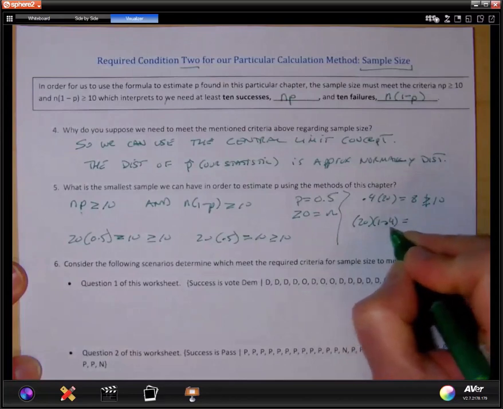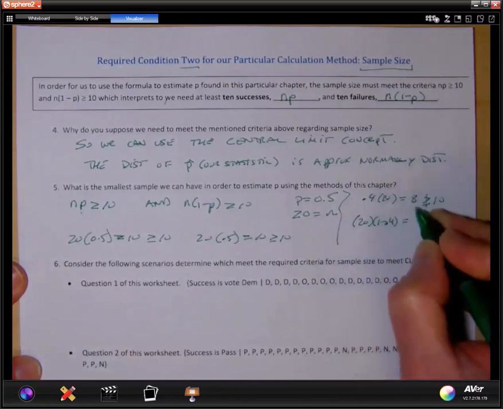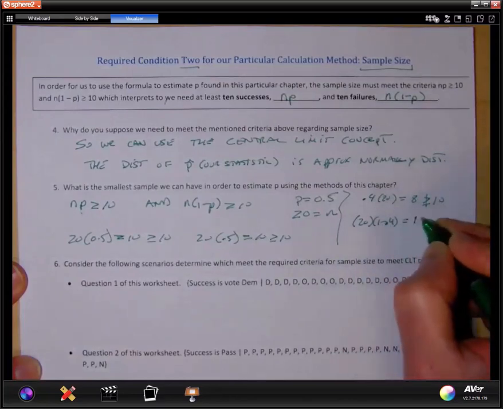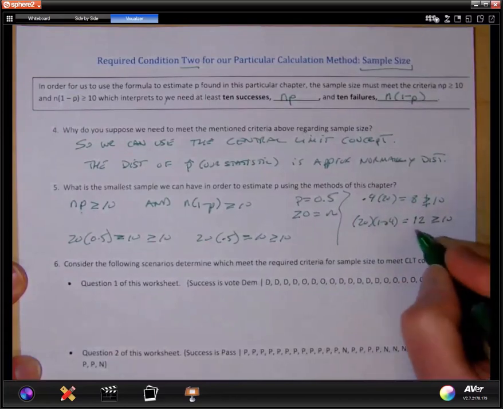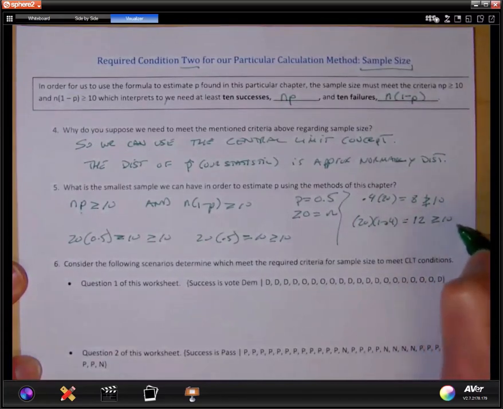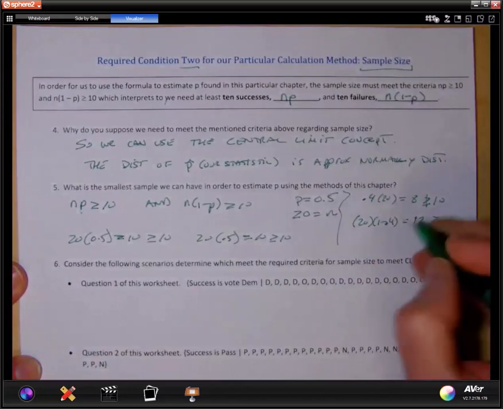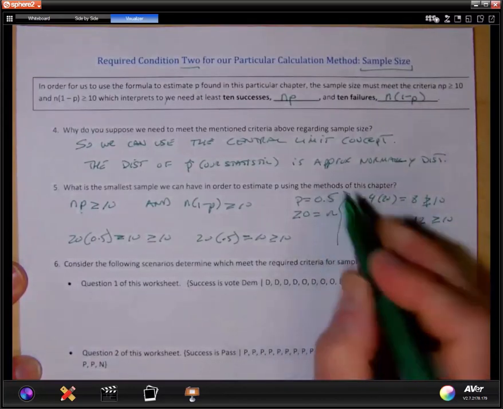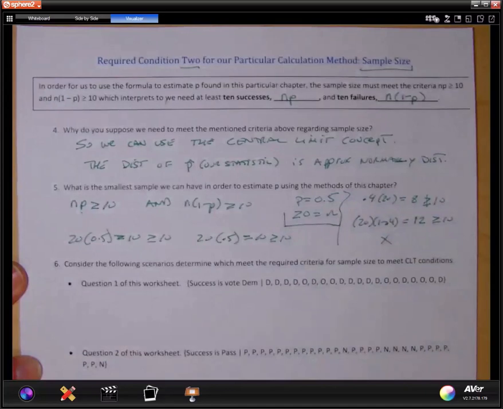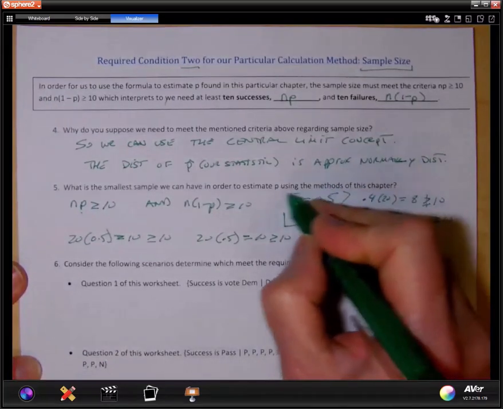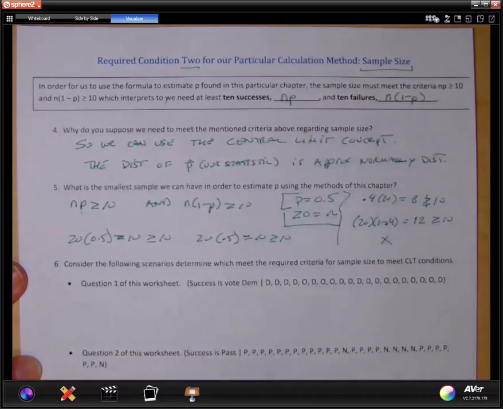So in this case, the rest, of course, have to be failures, which means there's 12. So 12 is bigger than 10, great, but 8 is not bigger than 10, so no. So the smallest possible sample size here is 20, and that's only if this thing happens to be 0.5.